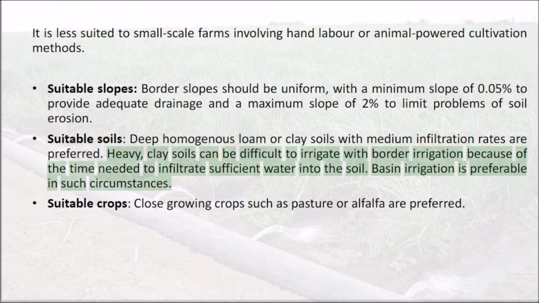Heavy clay soils can be difficult to irrigate with border irrigation because of the time needed to infiltrate sufficient water into the soil. Basin irrigation is preferable in such circumstances. Suitable crops. Close-growing crops such as pasture or alfalfa are preferred.